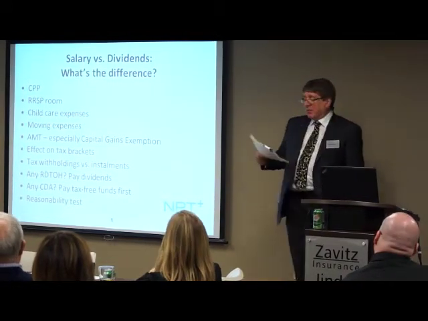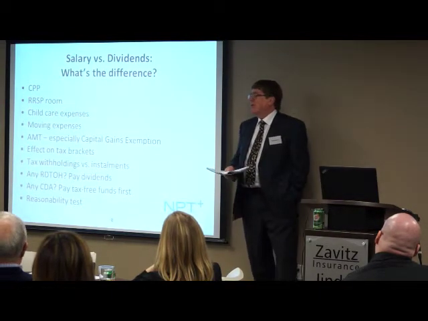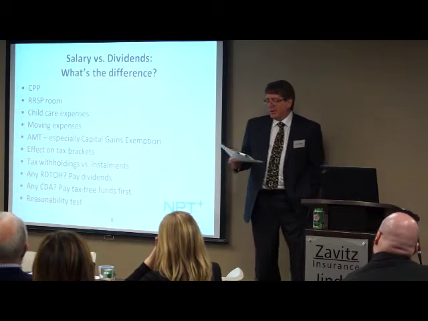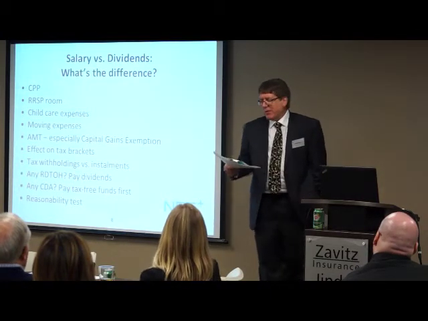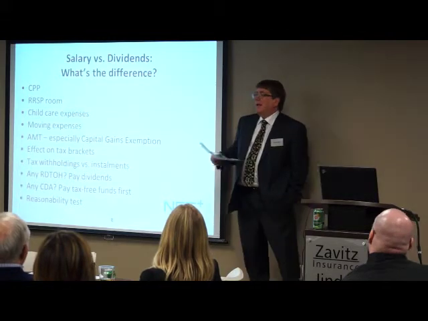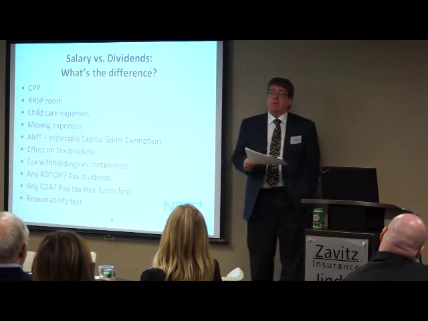A few other oddball items, childcare expenses. If you're paying childcare expenses, those are only deductible against what's called earned income. So that's proprietorship income or salary. And it gets even messier because it's the lower income spouse who has to claim them.